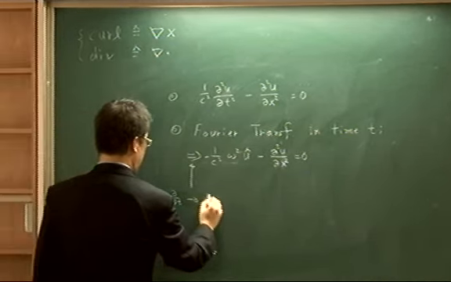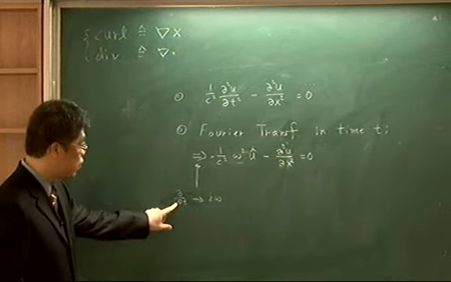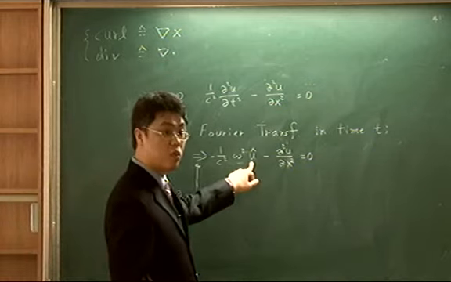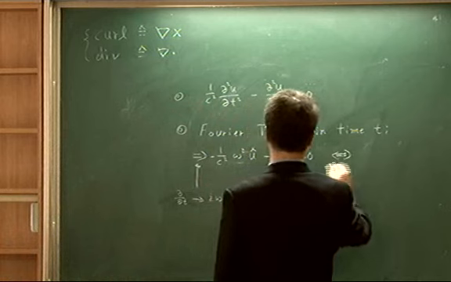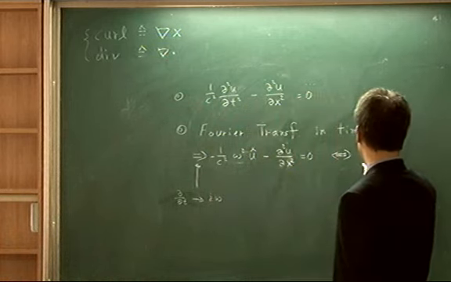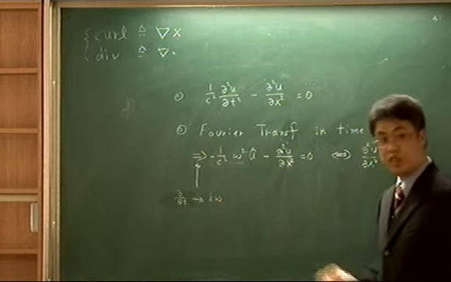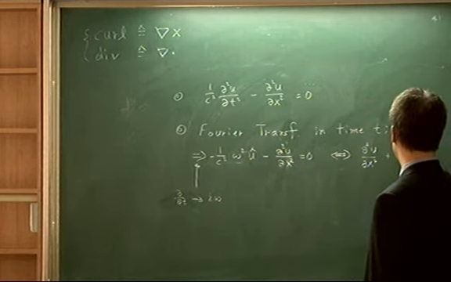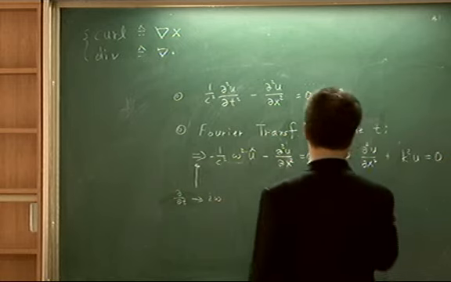The reason is that if you put the Fourier transformation in time, the time derivative equals i times omega. So you can just change the time derivative to i times omega. Then we can see del square u over dx square plus omega over c square, that means the wave number, and so you can find the solution here.